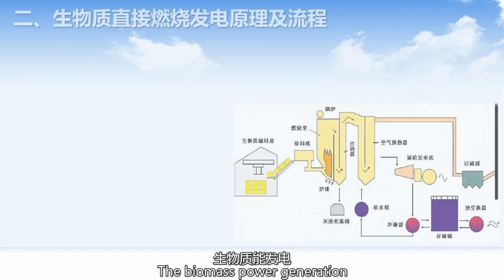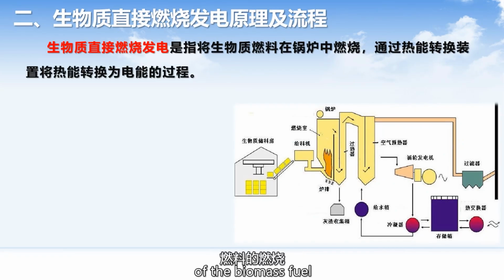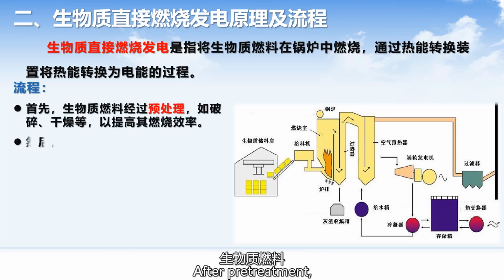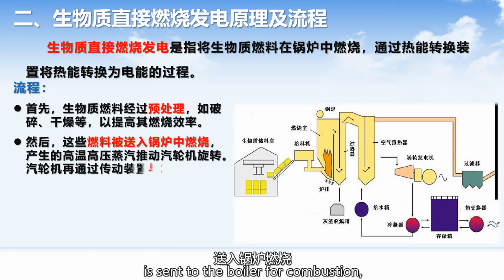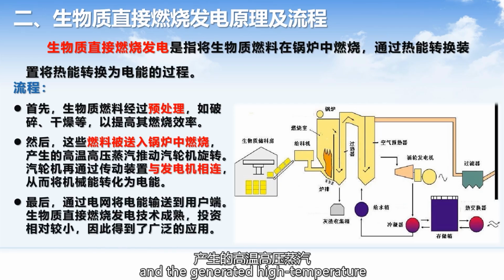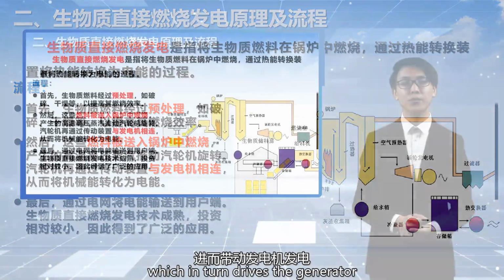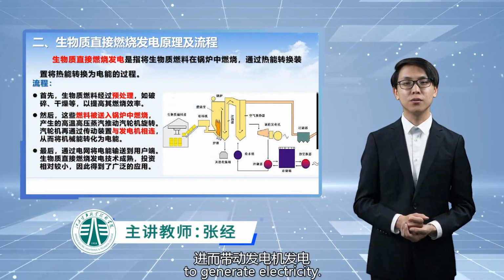Biomass power generation mainly uses the combustion or gasification of biomass fuel to generate electricity. After pretreatment, the biomass fuel is sent to the boiler for combustion, and the generated high temperature and high pressure steam drives the turbine to rotate, which in turn drives the generator to generate electricity.